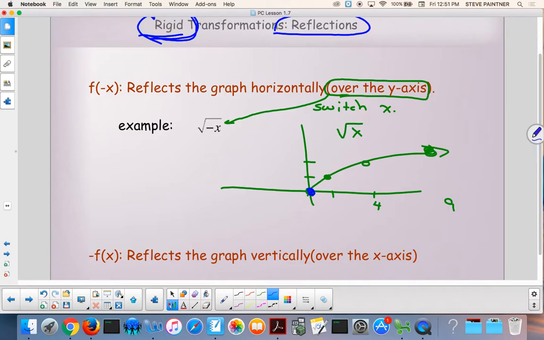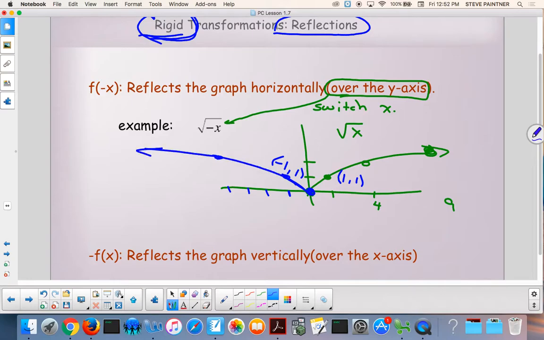You can't. 1, 1 becomes negative 1, 1. And by the way, when you reflect over the Y, the only thing that changes is your X value becomes opposite. So if this is 1, 1, you're now looking at negative 1, 1. So what does 4, 2 become? Negative 4, 2. Got it.